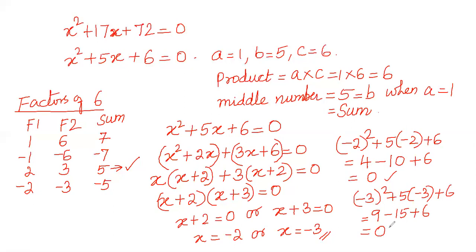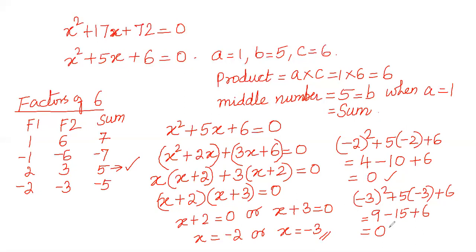So how do you solve the quadratic equation? You take the values of A, B, C from the equation. You calculate the product, A times C, and then the sum, that is the middle number, B. Now you take the two factors of the product and choose which of those factors, when you add, give you the sum. They are the factor pair.